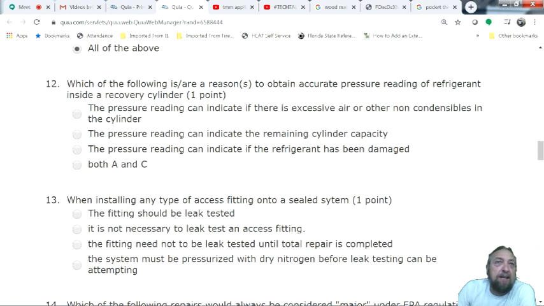B, the pressure reading can indicate the remaining capacity. No. Pressure doesn't tell you if you have 5 ounces or 10 ounces. I said that a while ago, that a half-empty tank or a full tank, the pressure will be the same because the pressure is based on temperature. Now, a pressure reading can indicate if the refrigerant has been damaged. Yes. If the refrigerant is damaged, it's not going to match the temperature pressure chart. So for those of you who said A, B and C, that is the correct answer.